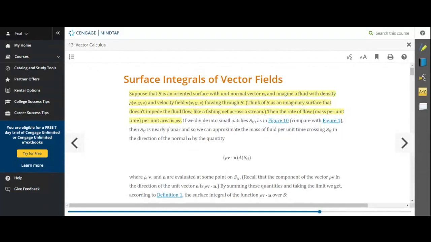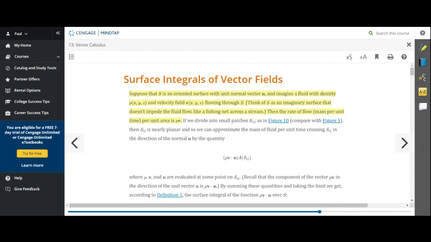Suppose that you have an oriented surface with a unit normal vector n, and imagine a fluid with density given by rho. Rho is a function of x, y, and z, and there's a velocity field flowing through the surface.